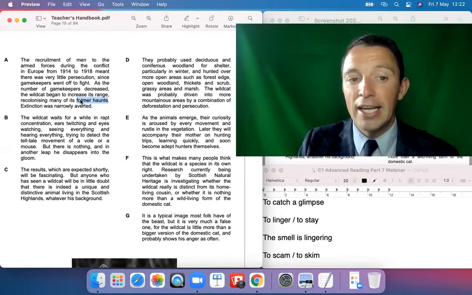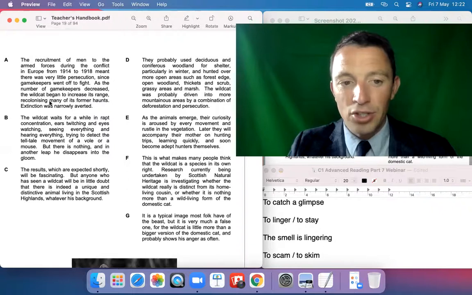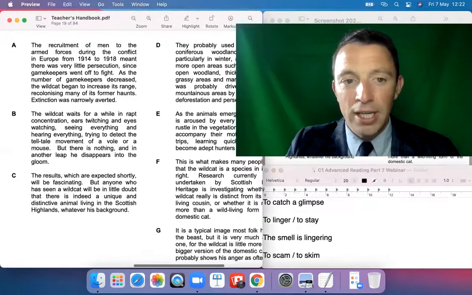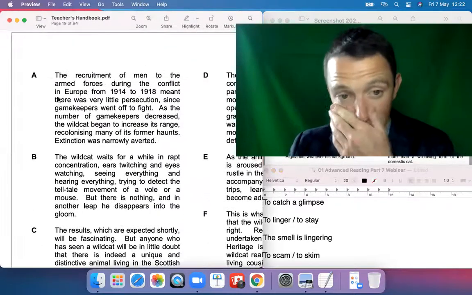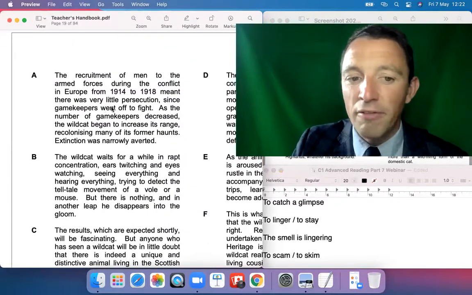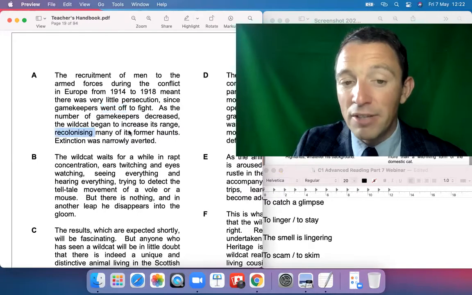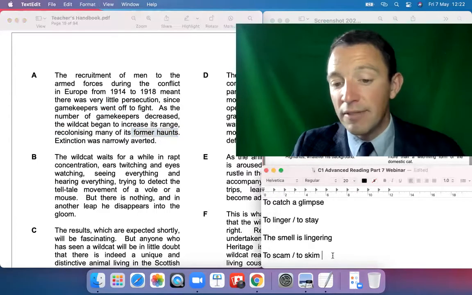So here they say, as the number of gamekeepers decreased, and I'll just try to make the screen a bit bigger so you can see. I think I need to press zoom in. Yeah, okay, perfect. So here, basically, they went off to fight, they left, they departed to fight. But here, recolonizing many of its former haunts. So this word is very, very important.